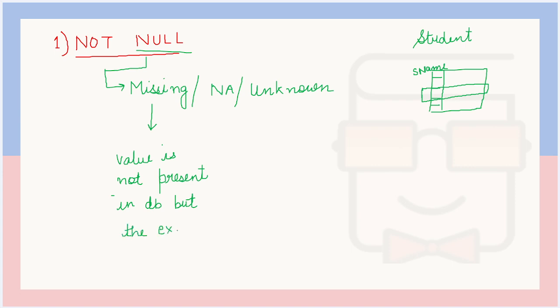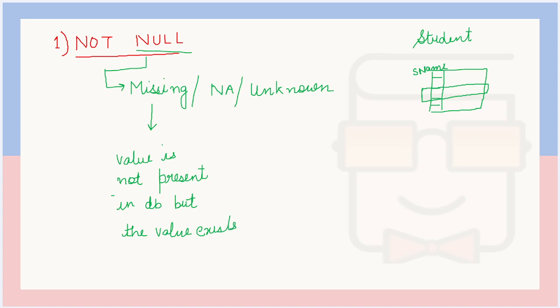So you can note these down. It will be very helpful for you to learn the difference between the two for writing in your exam. The value that is missing actually exists.